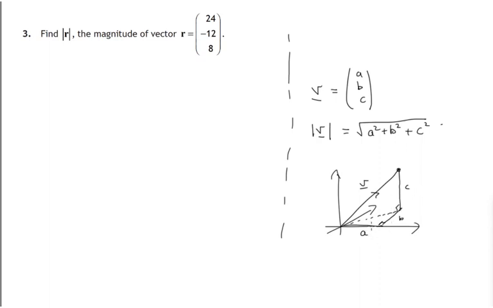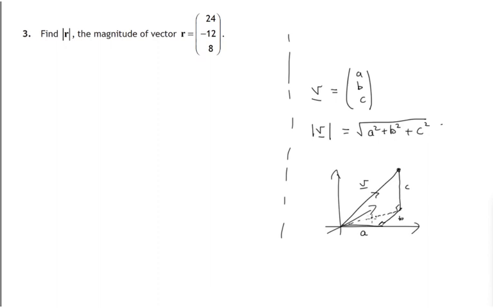Pythagoras' theorem would give you this length here being a squared plus b squared, and then Pythagoras' theorem in this vertical triangle, this side squared, which would be a squared plus b squared, not the square root of a squared plus b squared, it's the actual length of it.